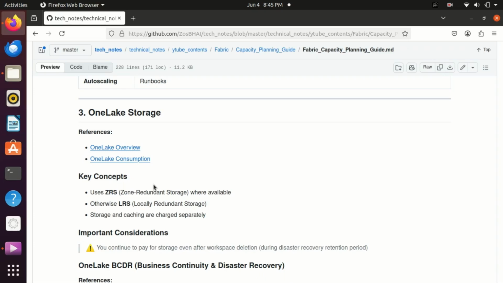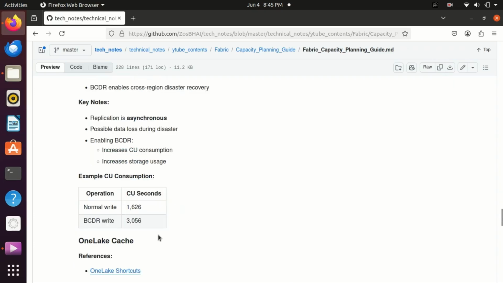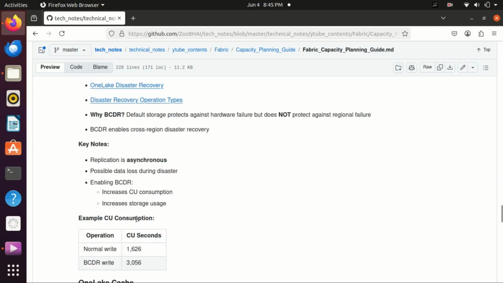If ZRS is not available, it falls back to locally redundant storage, called LRS. One important thing to remember is that storage cost and caching cost are charged separately.